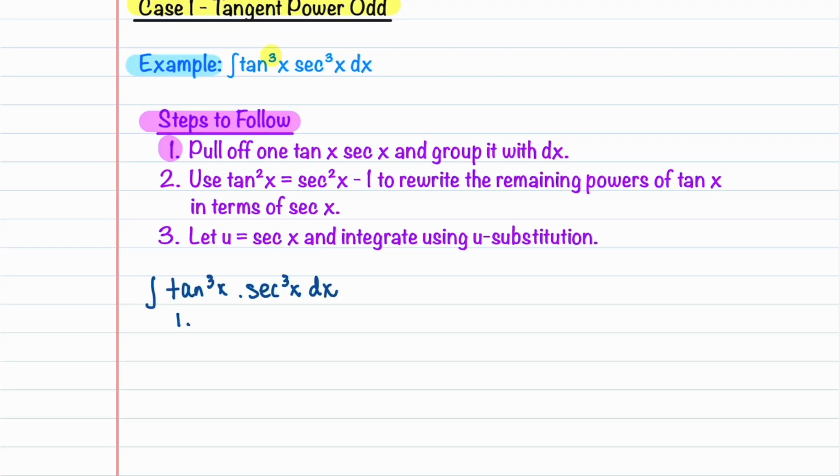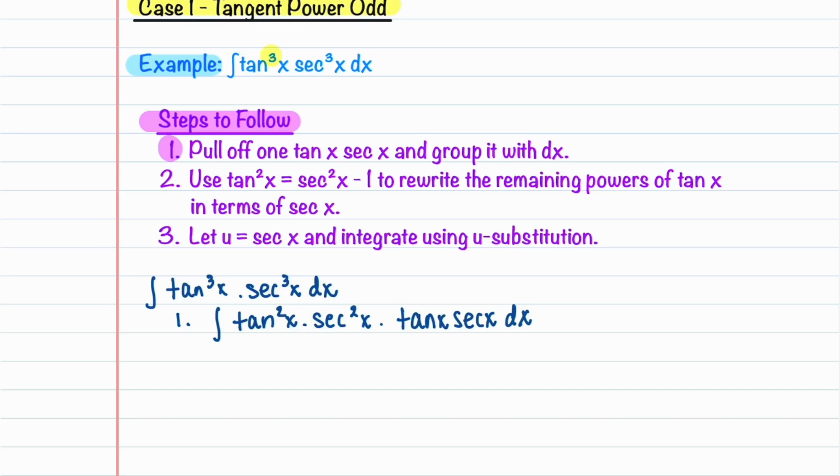And our first step is to pull off a tangent x secant x. So that leaves us with tangent squared x, secant squared x, and then here is our tangent x secant x that we're grouping with dx.